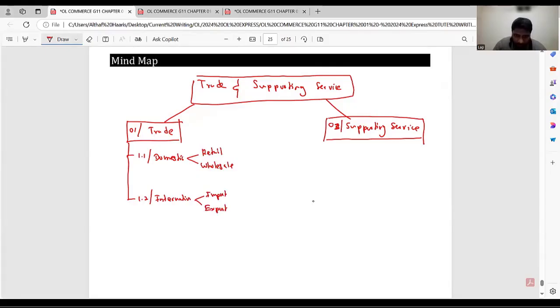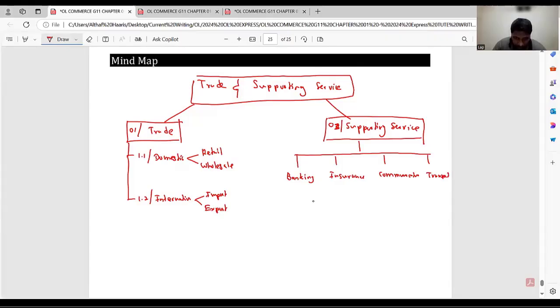Then we move to the supporting services. We focused on 4 supporting services. What are the 4? Banking, insurance, communication, transport.